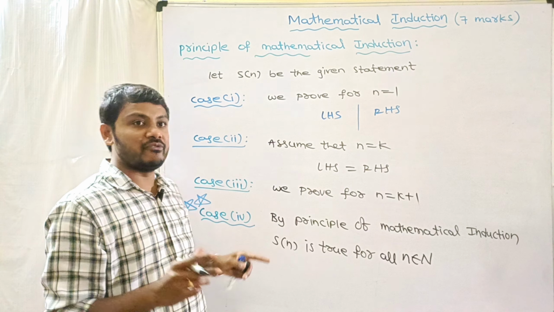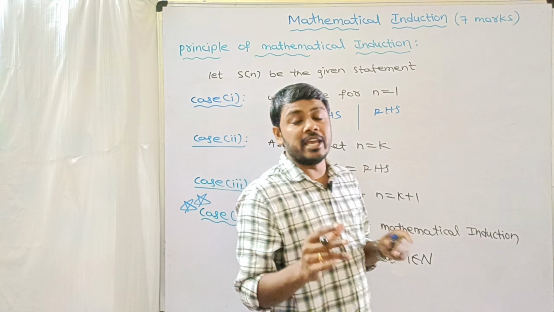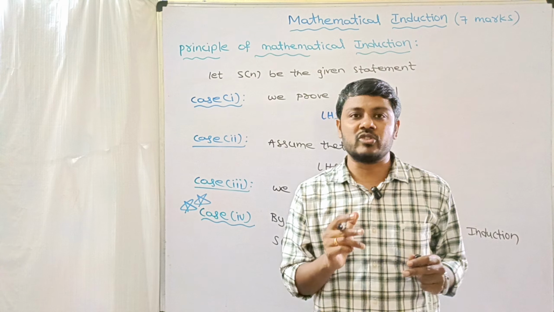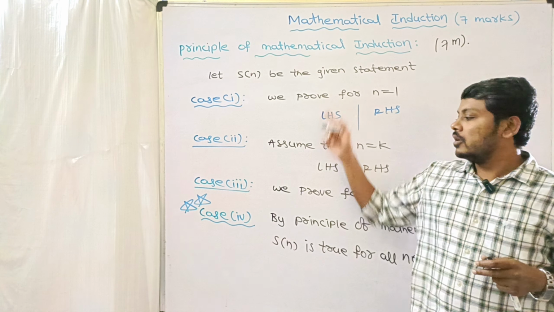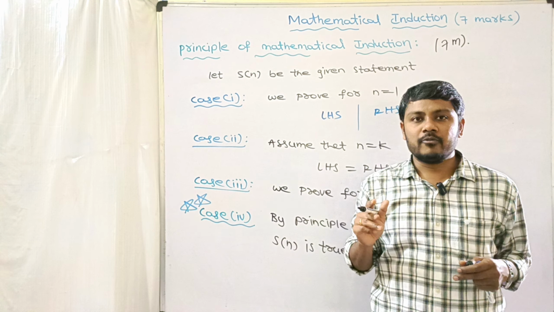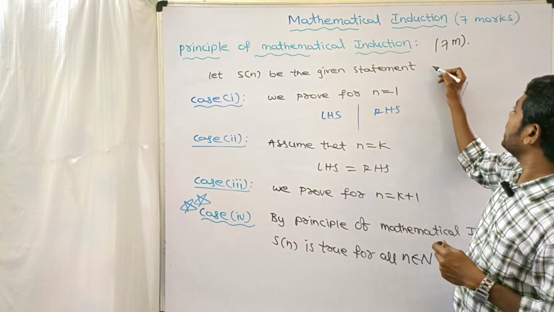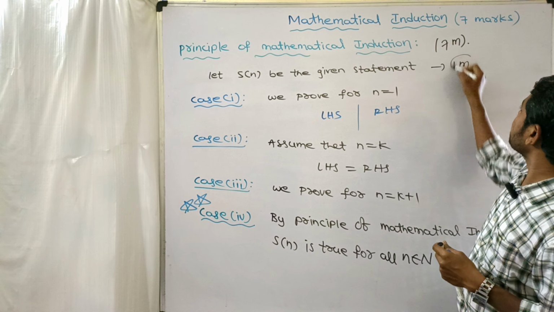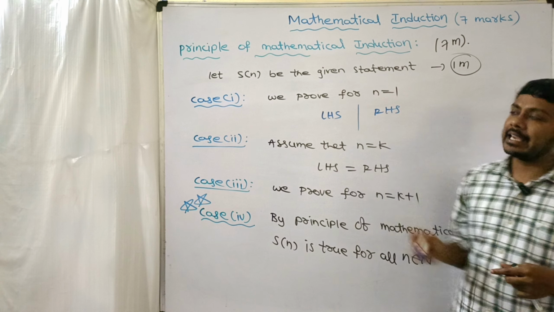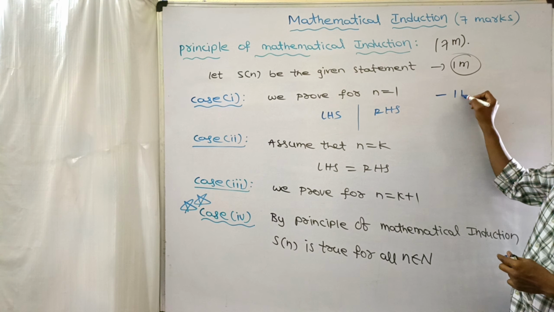So these 4 are very important. So based on this, we have 7 marks questions. So total we have 7 marks for these 4 steps. See here, for writing S of n, they will give 1 mark. For proving case 1, again they will give 1 mark.